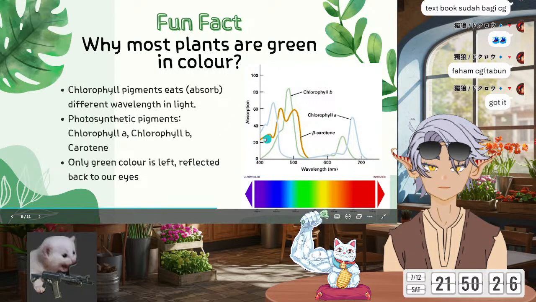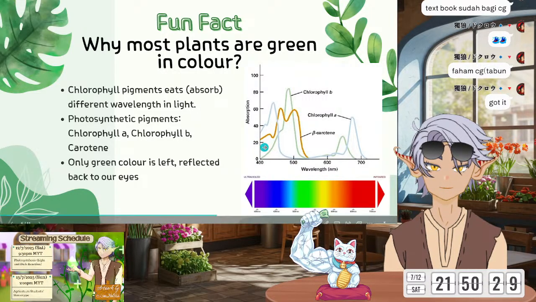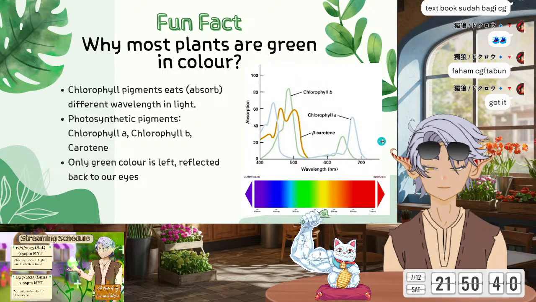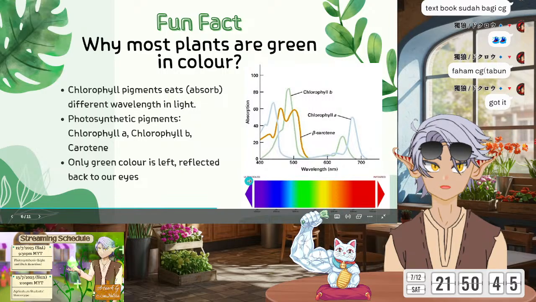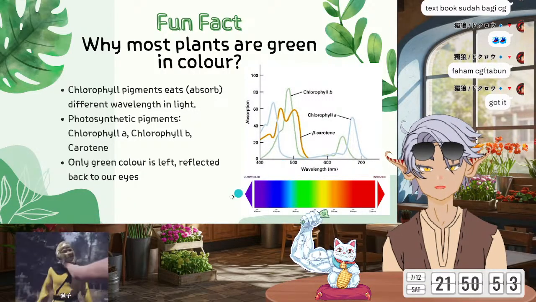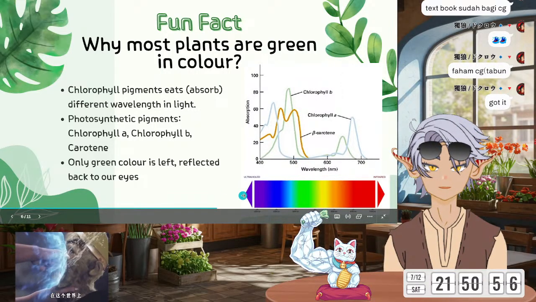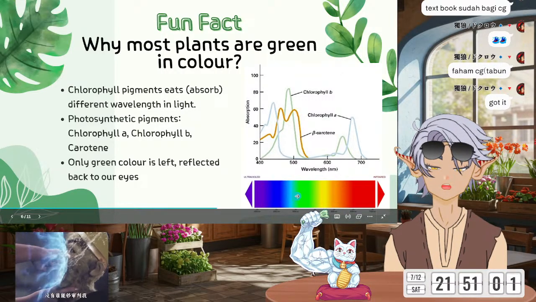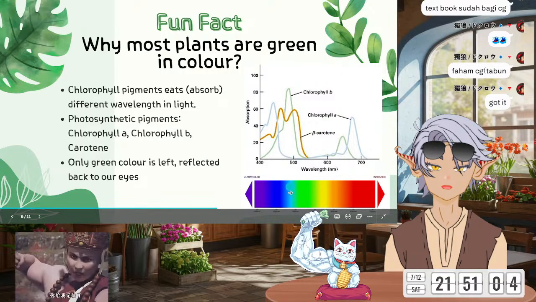For example, for beta carotene, the curve goes up and peaks here and goes down and ends here, which means this pigment absorbs wavelengths from 400 to 530 something, which is purple, blue and slightly green.